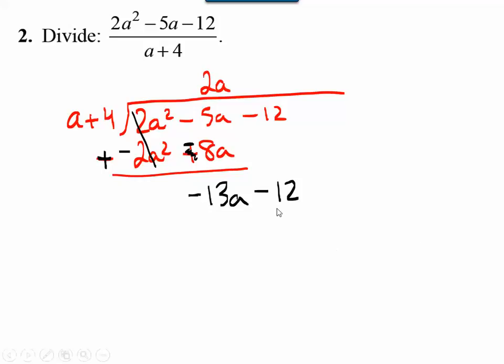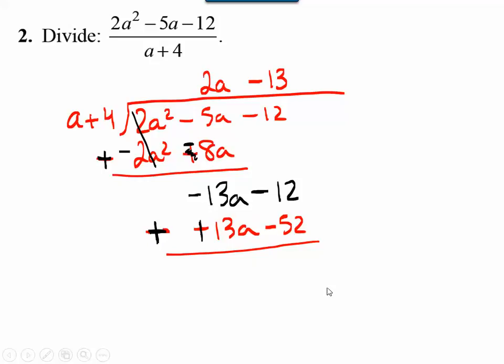All right, drop down the negative 12, and the whole process starts all over again. A times what gives you negative 13a? Of course, it's going to be negative 13. And negative 13 times a is a negative 13a. Negative 13 times 4, ooh, that's no fun. I got a negative 52. All right, and we subtract, or how about just add the opposite?